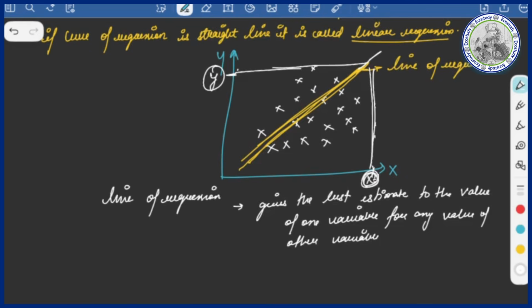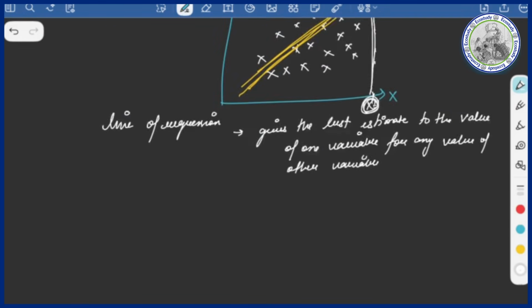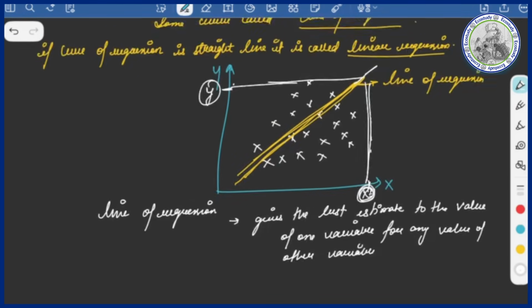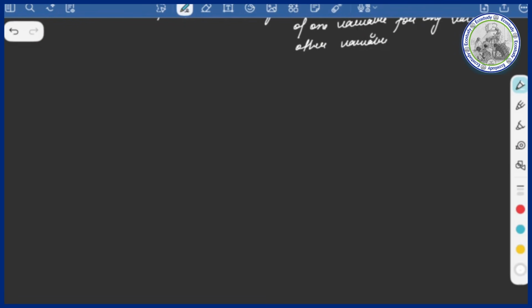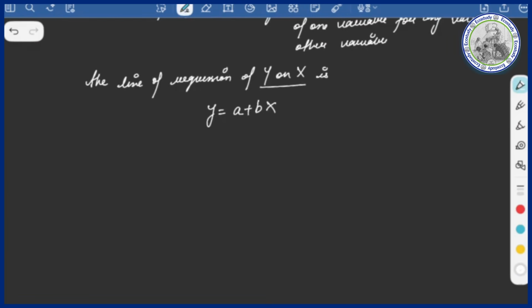Okay, now what is the equation of this line? The line of regression of y on x is y is equal to a plus b x. Now a and b are the coefficients.